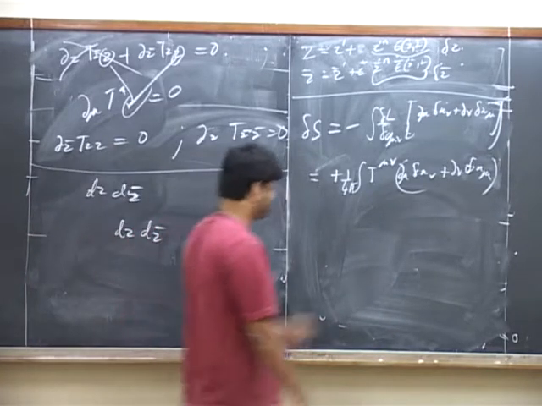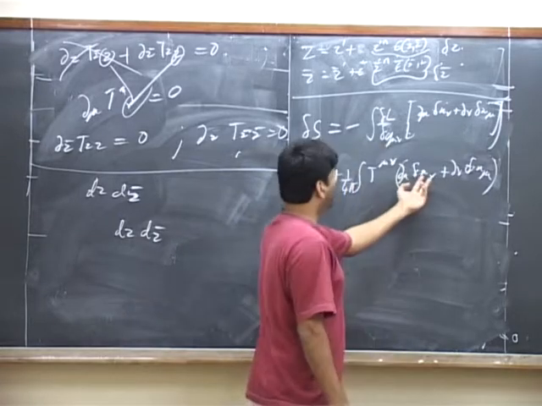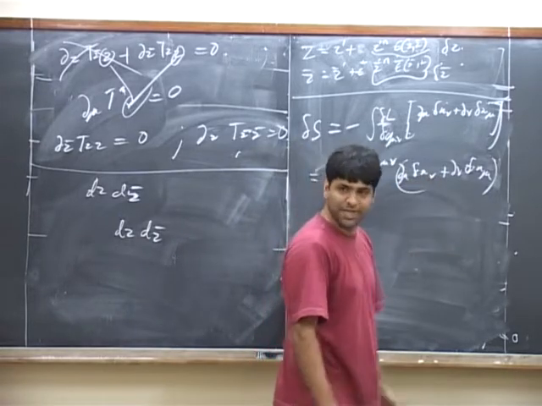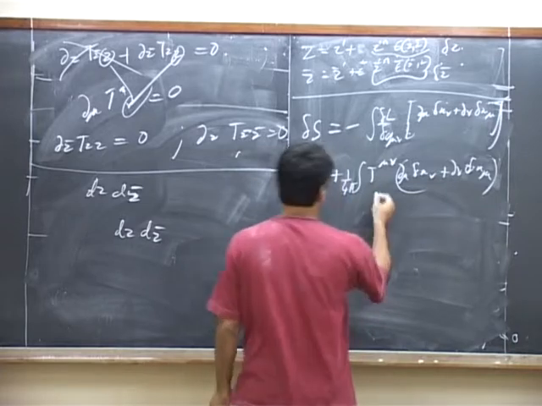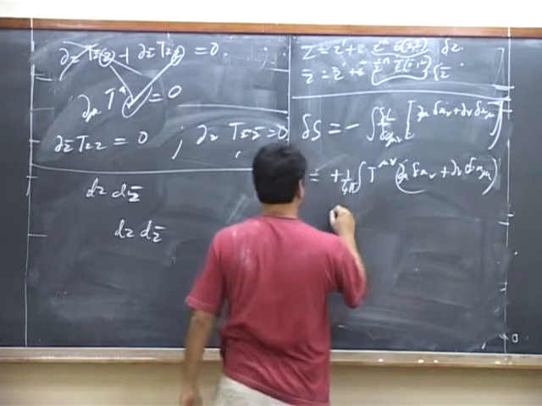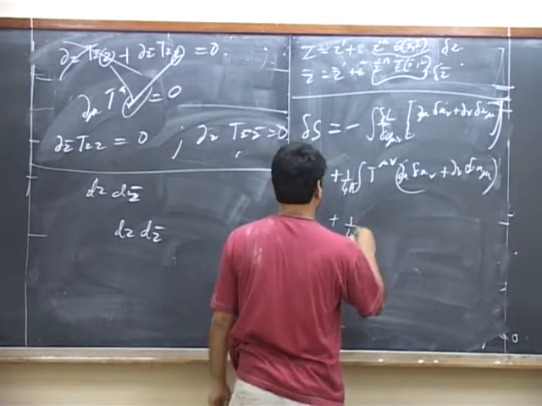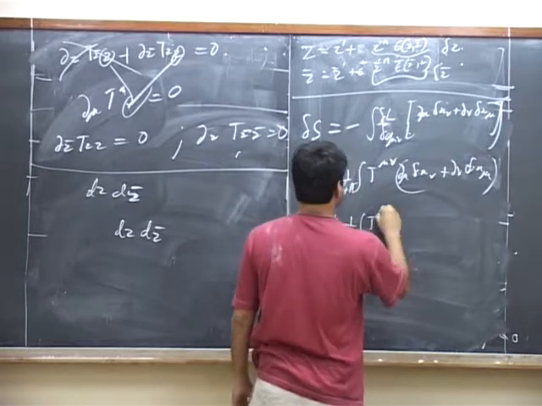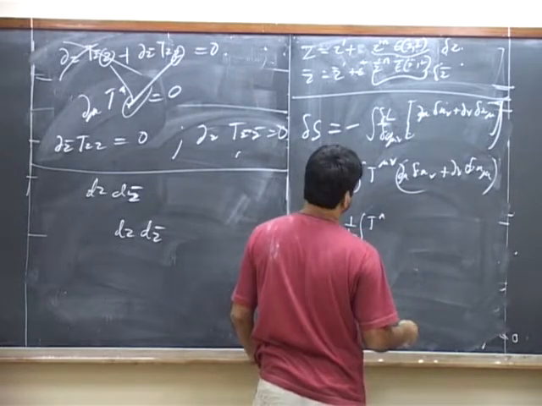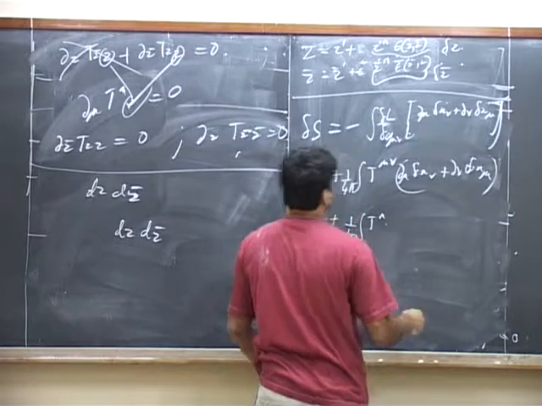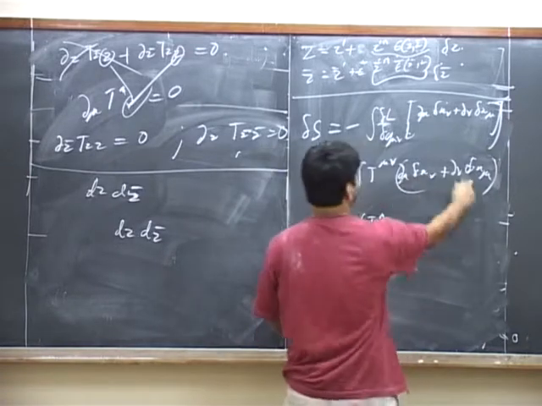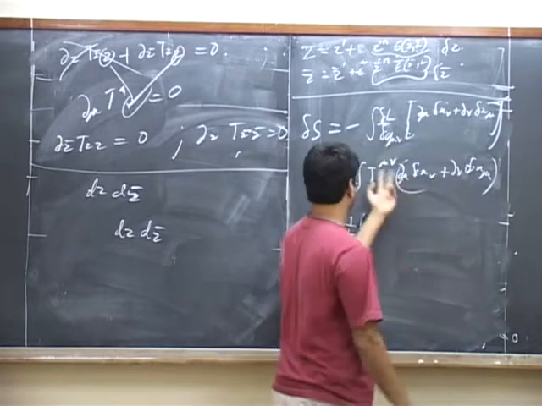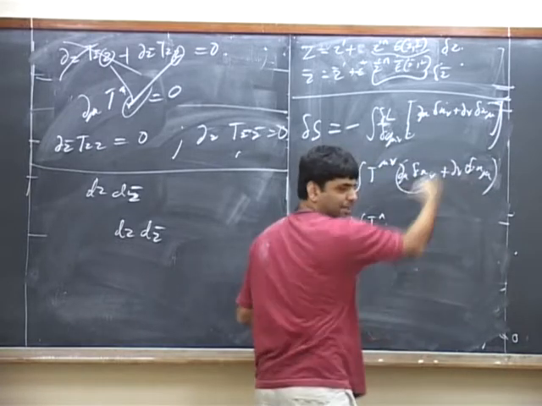Now we know what our delta x mu's are. Just since we know it with upward indices, let's write this as plus 1 by 4 pi T mu nu. Now this thing is twice that. This is symmetric, so I don't need to keep track of both of these.